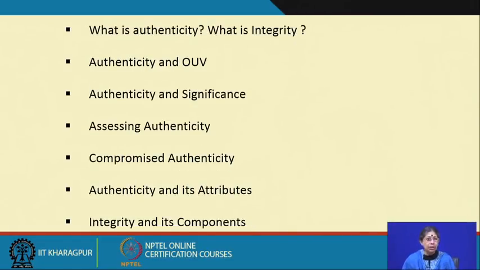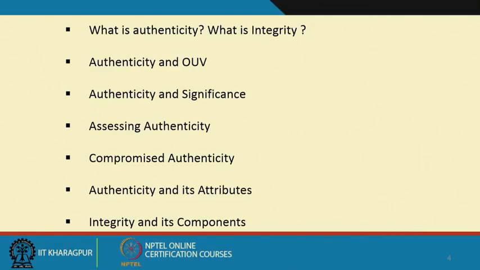The topics I will mainly cover in this lecture are: what is authenticity and what is integrity, authenticity and outstanding universal value and the relationship between them, authenticity and significance, assessing authenticity, compromised authenticity, authenticity and its attributes, and also integrity and its components.